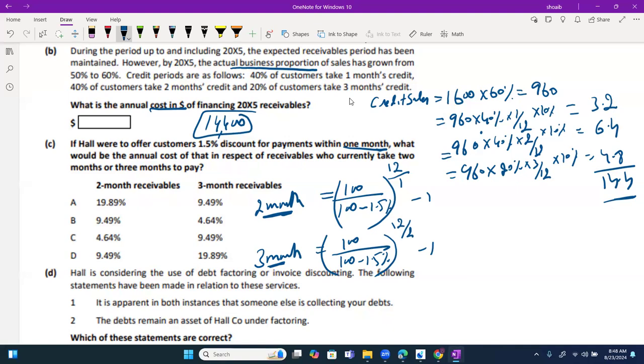So 100 over 98.5 raised to power 12, 19.89. A is the answer. There is no need of solving this, but let's solve it. 9.49. A is the answer.